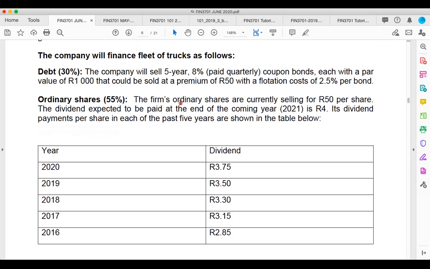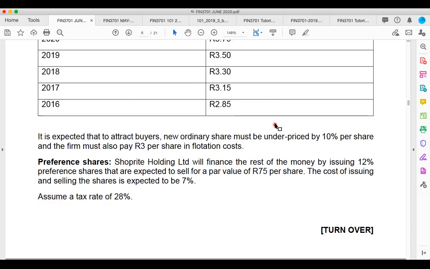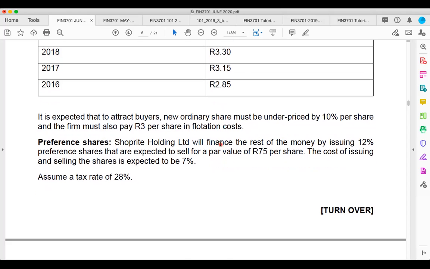Ordinary shares: the firm's ordinary shares are currently selling for 50 Rand per share. The dividend is expected to be paid at the end of the coming year at 4 Rand. Its dividend payments per share in each of the past 5 years are shown in the table below. New ordinary shares must be underpriced by 10% per share, and the firm must also pay 3 Rand per share in flotation costs.